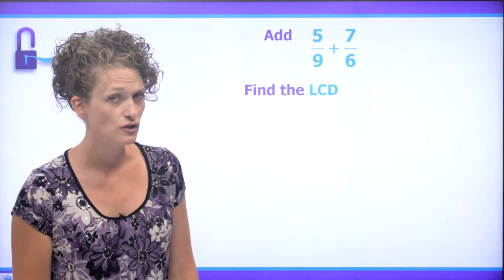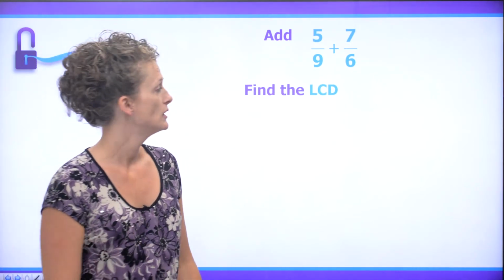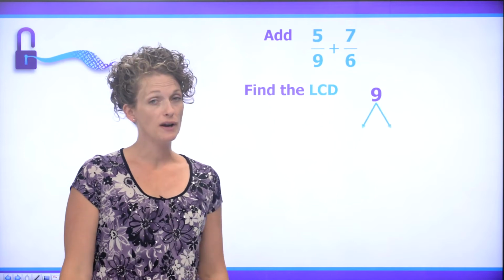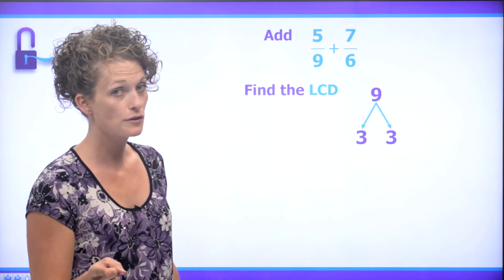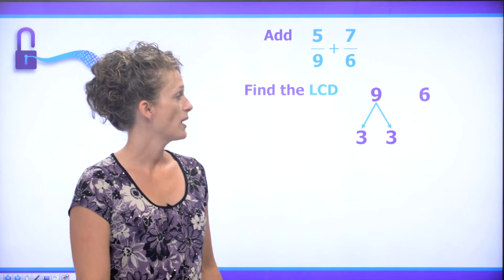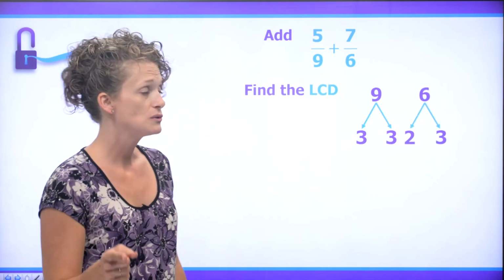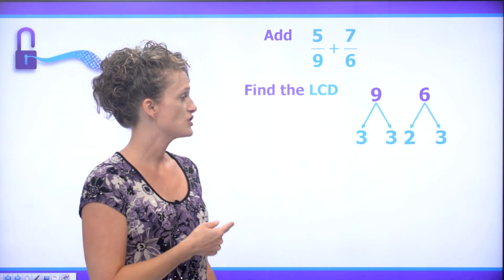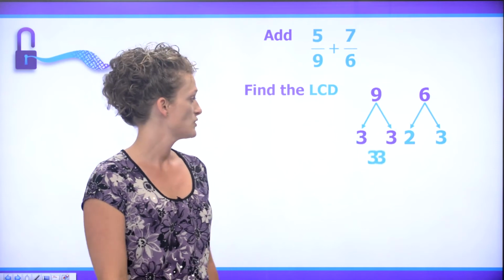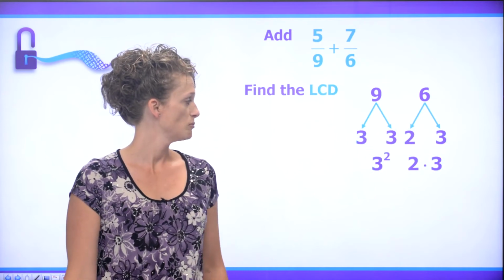Now I'm going to use a factor tree because I think they're pretty cool. And I'm going to find the prime factors of 9, which we know are 3 times 3. The prime factors of 6 are 2 times 3. So here's each of our bases, and we need to have one of each base.